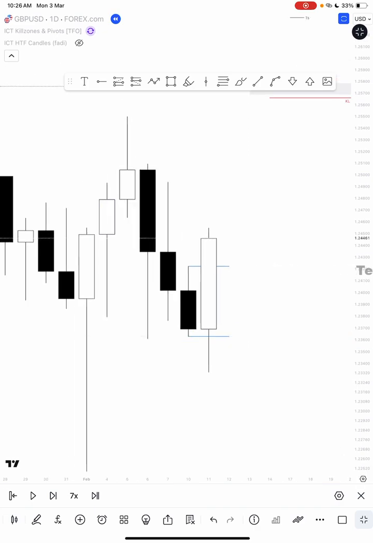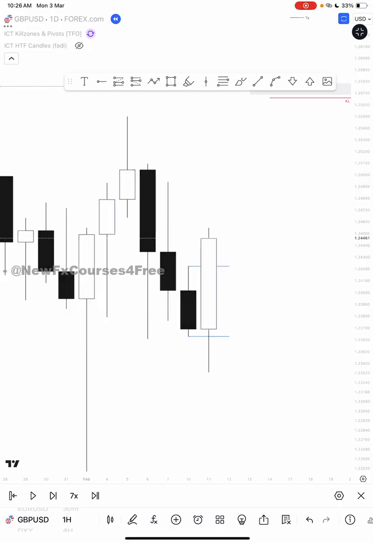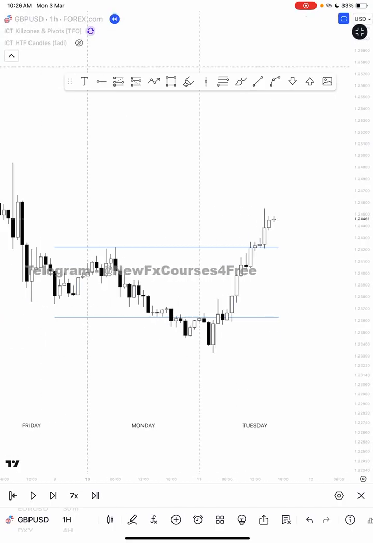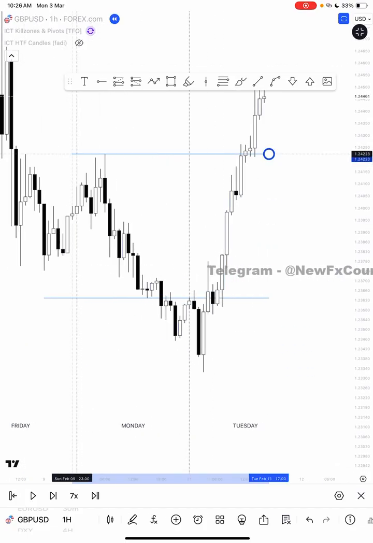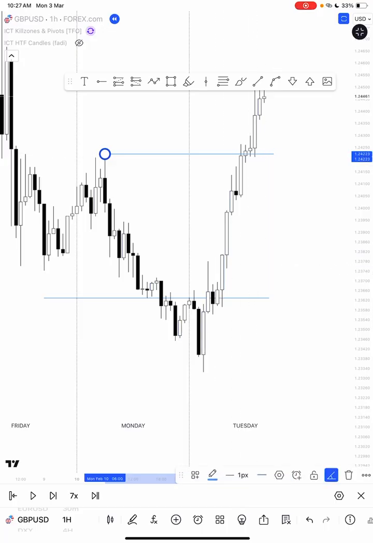I actually took this trade. Yeah, I can remember clearly. This was the turtle soup trade I took, and my draw on liquidity was Monday's high.